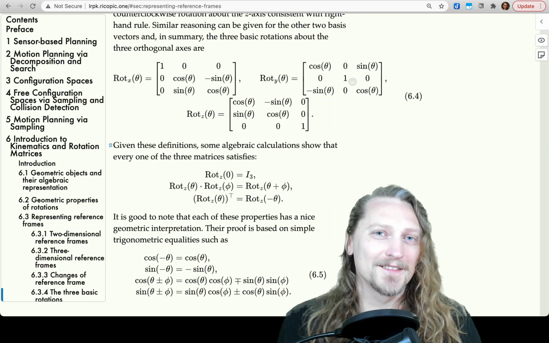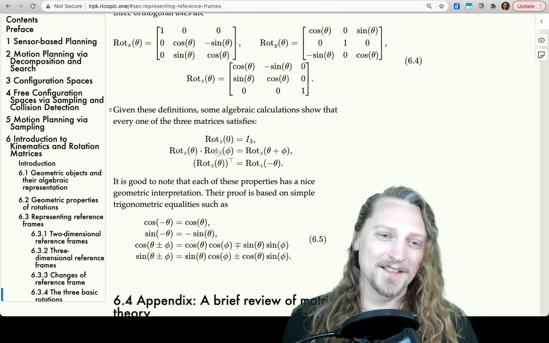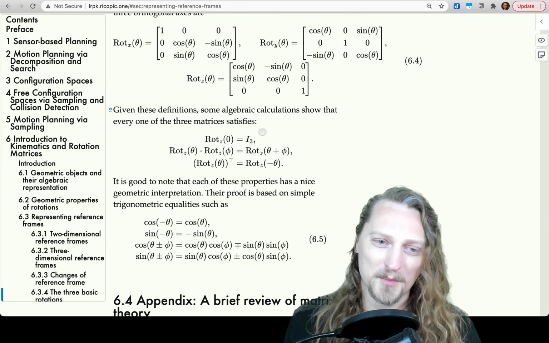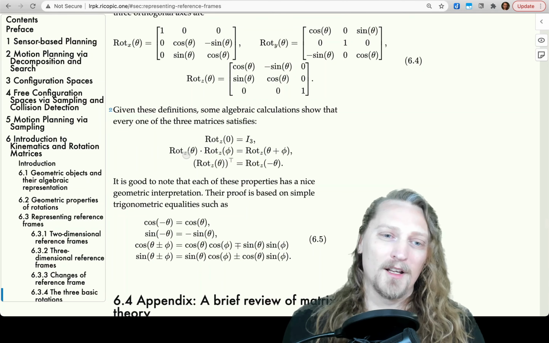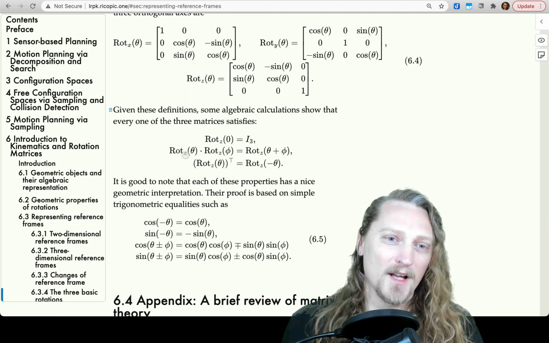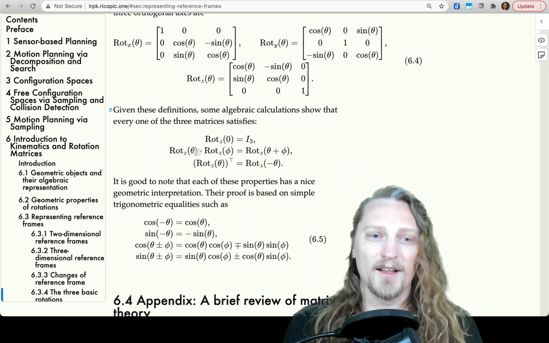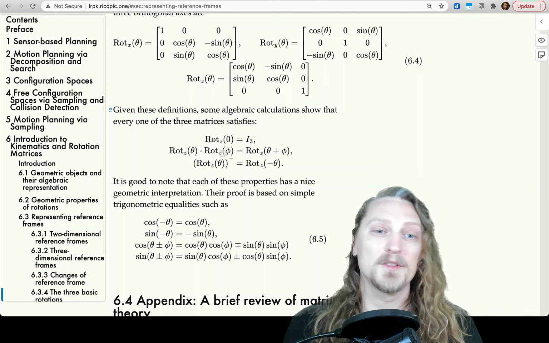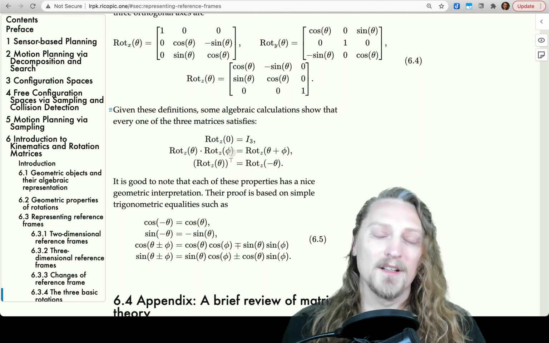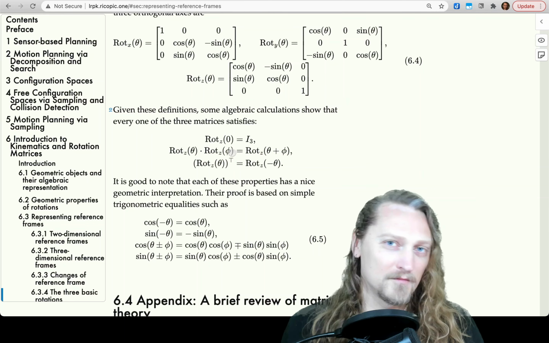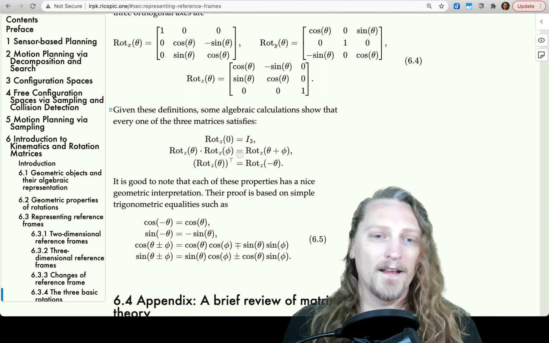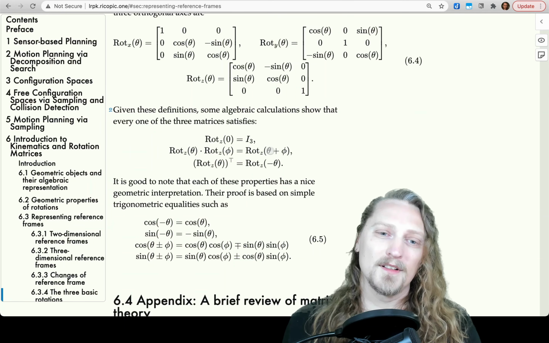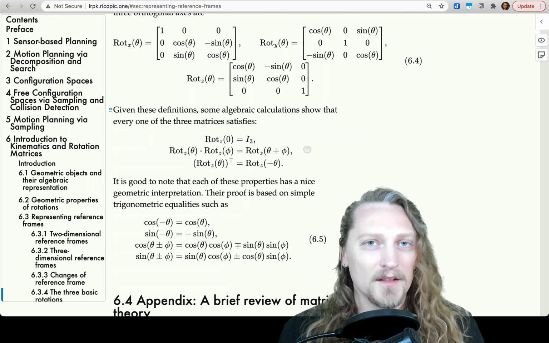Nothing happens. Okay, that's the first property. The second property is that if you take the rotation about whatever axis you're talking about, say z, of theta degrees, and you compose it with the rotation about z of the angle phi, then that is equivalent to simply summing the two angles.